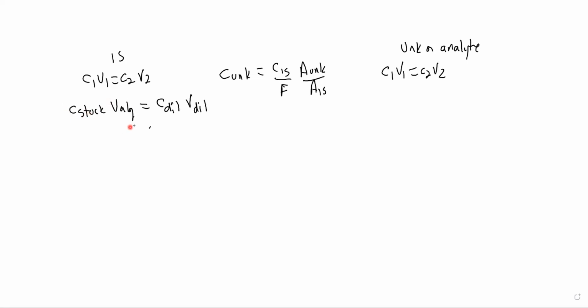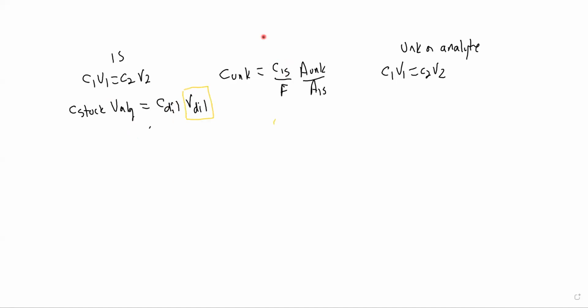The volume of the aliquot is pretty straightforward; that'll be in your procedure. The concentration of the dilute is what we're looking for, because that's what needs to go in for the concentration of internal standard in this calculation. So it's the volume of the dilute that we really want to focus on, because that's what we need in order to do our calculations.